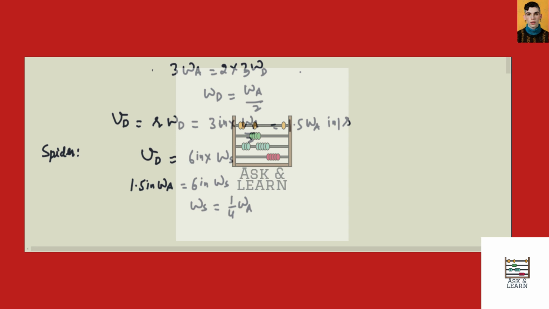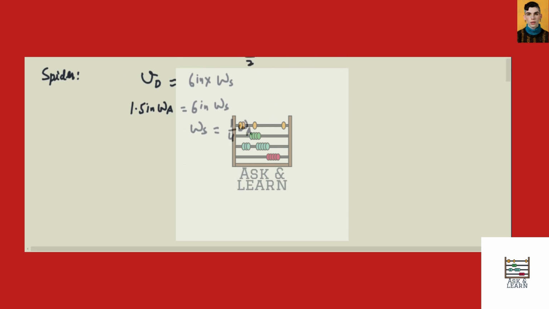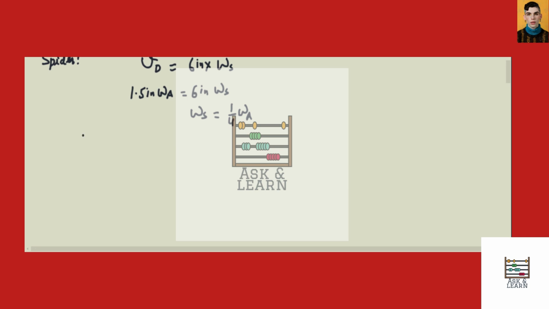Since angular speed of gear A is given as 150 rpm, or 150 upon 60 into 2 pi radian per second, that is 15.708 radian per second in clockwise direction.